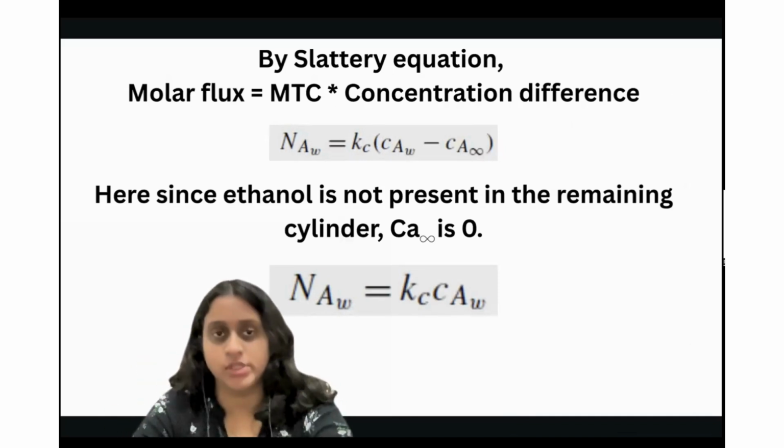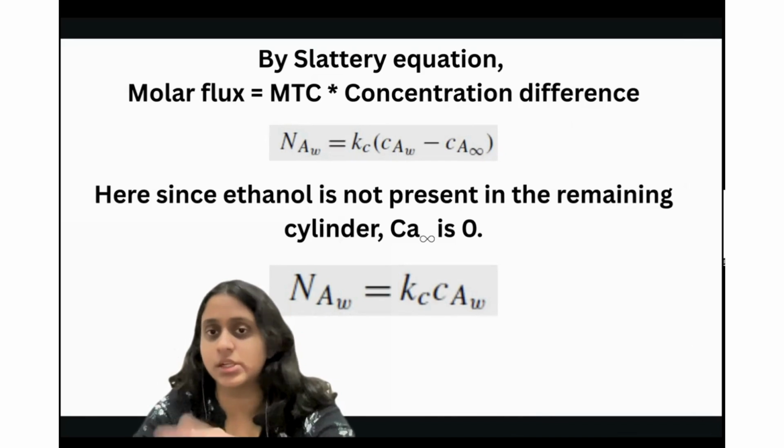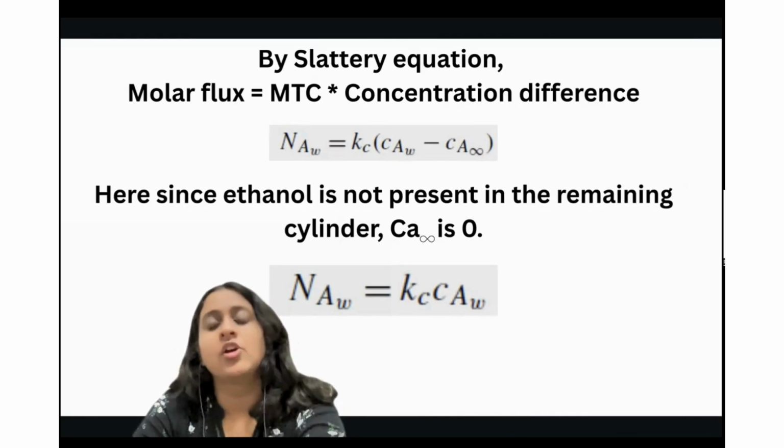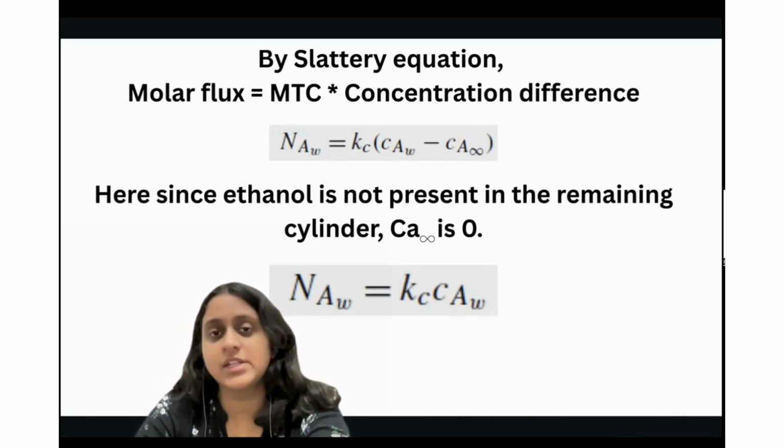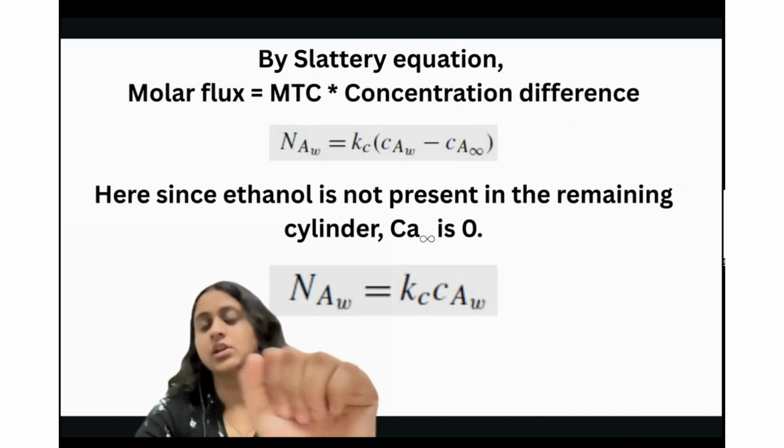Now, by the Slattery equation, molar flux is your mass transfer coefficient into the concentration difference. Correct? In this, on the left hand side, N_AW, we have that value. K_c we have to find. C_AW we have calculated. And now the question is C_A infinity.